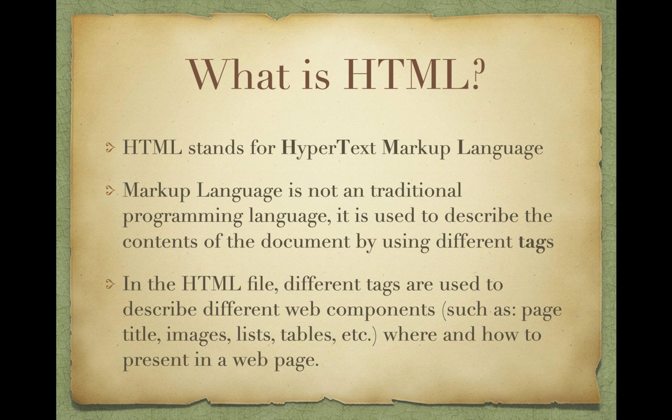In the HTML file, different tags are used to describe different web components, such as page title, image, list, table, or maybe music, video, and so on. So the tags are used to describe where and how to present the different web components in a web page.